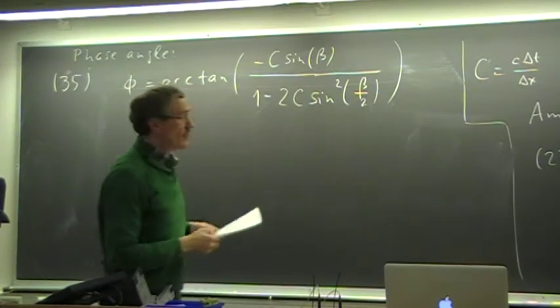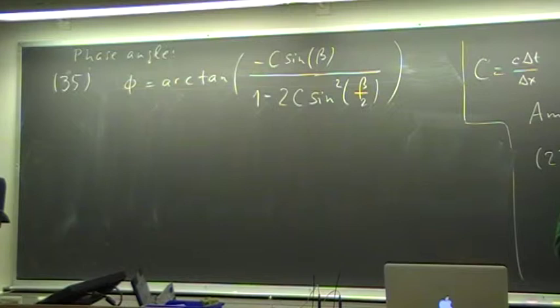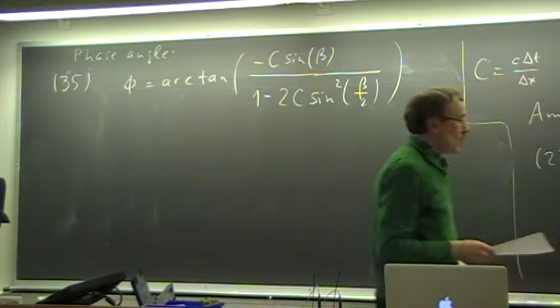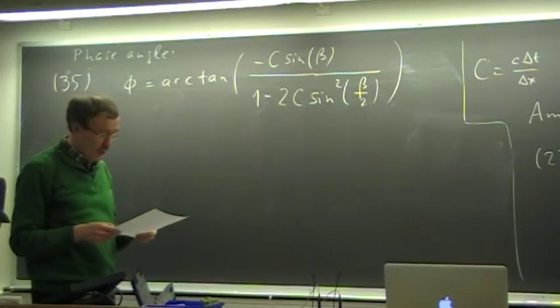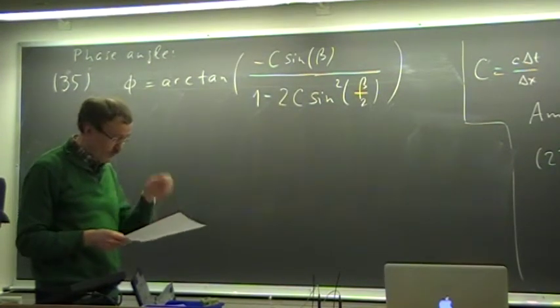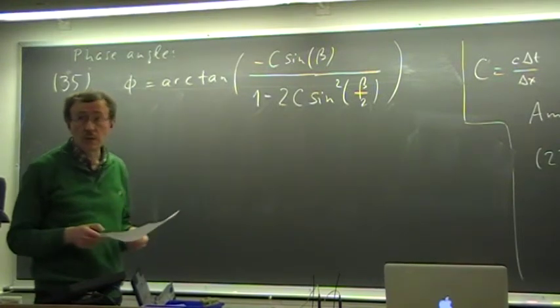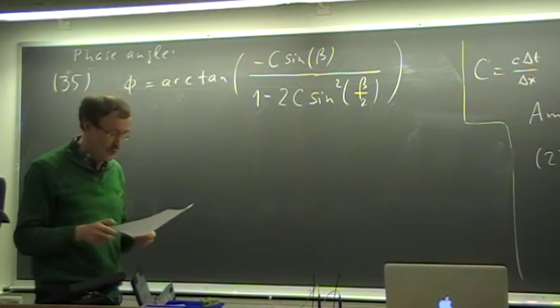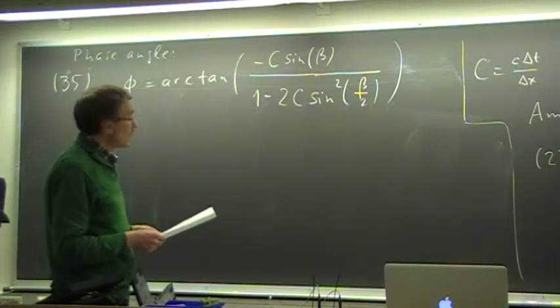So we have used this trigonometric formula to replace the 1 minus cosine. Then we have to compute this expression to get the phase angle. And we shall compare this to the exact values, which we have already worked on last time.